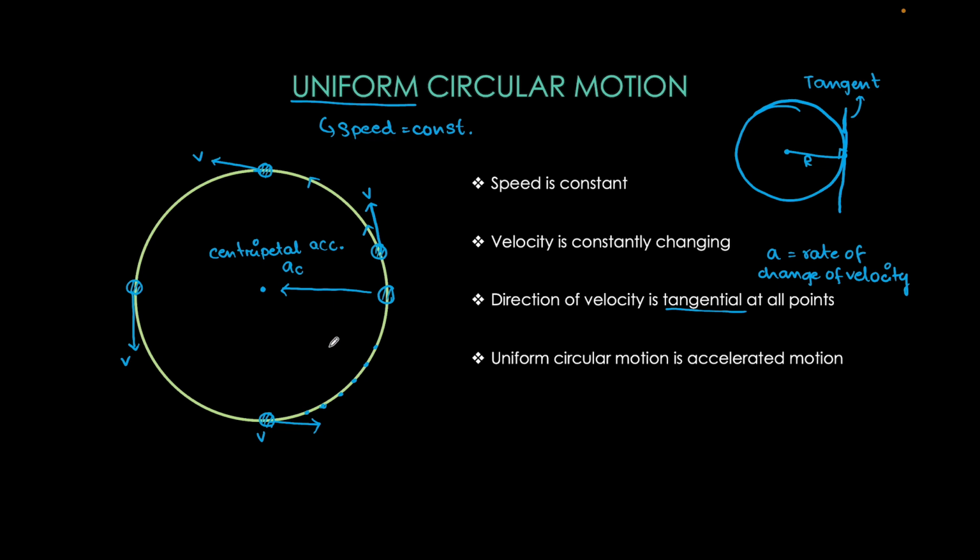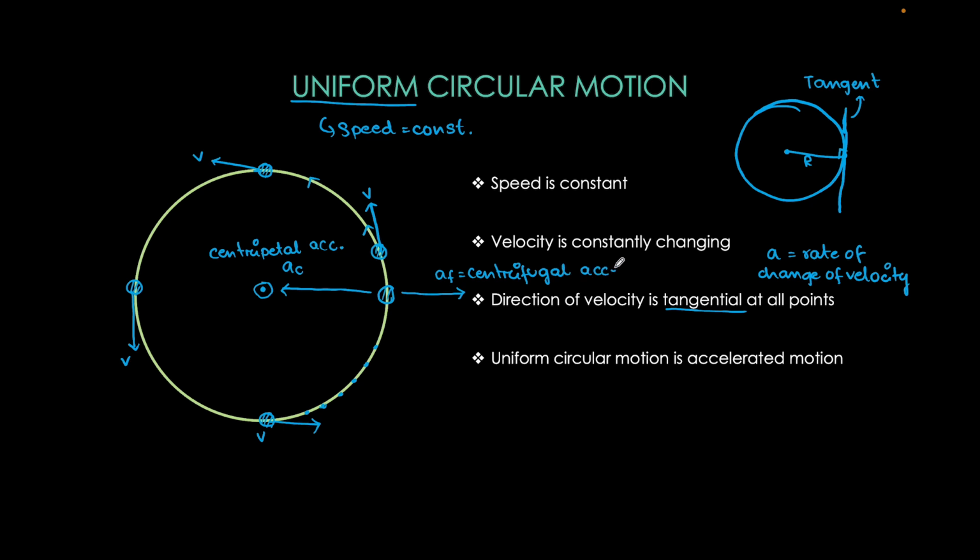Centripetal acceleration. Now you might be thinking that if it is undergoing circular motion and there is an acceleration towards the center of the circle, then why does this object not directly fall to the center? Because there is a balancing acceleration as well, which is radially outward. So this acceleration is acting exactly opposite to that of centripetal acceleration, and this acceleration is known as centrifugal acceleration.